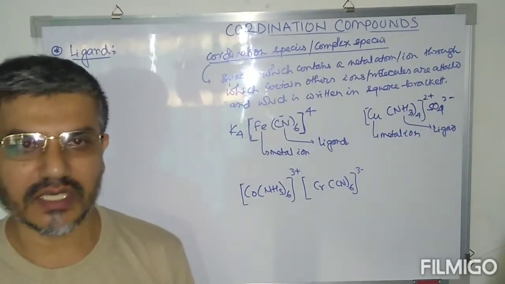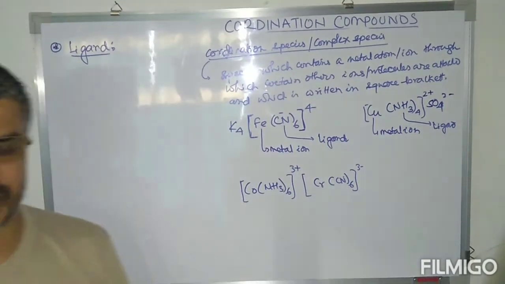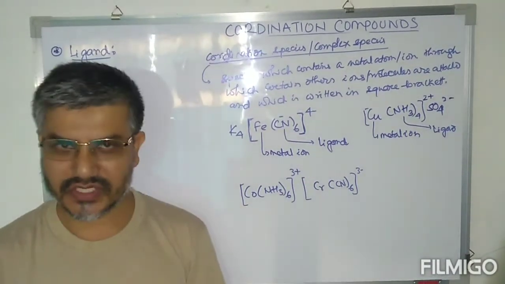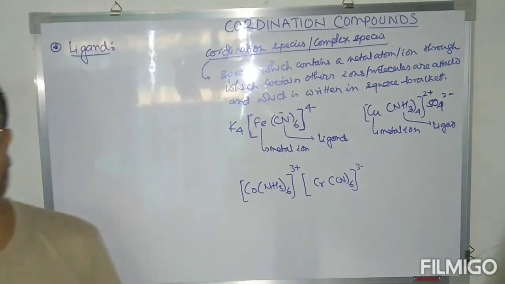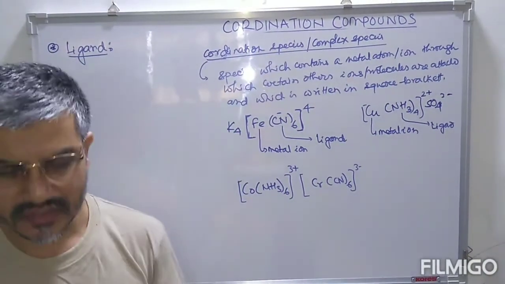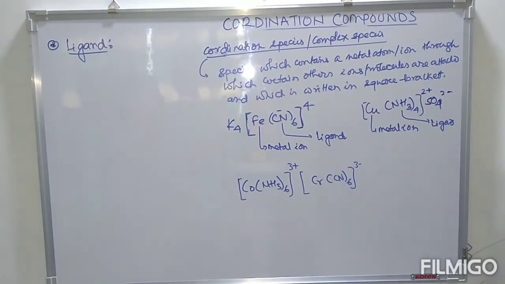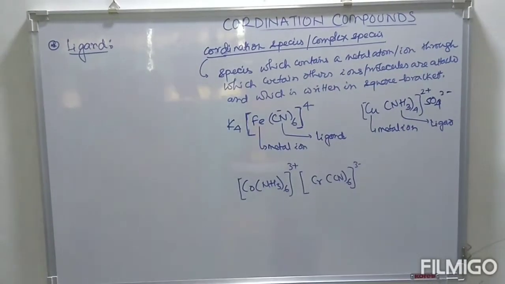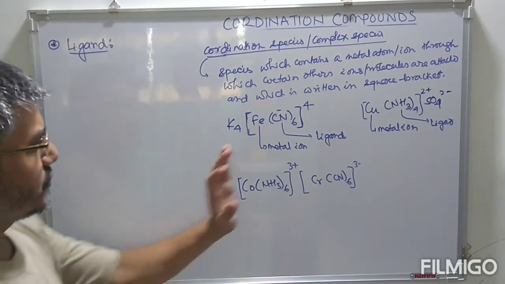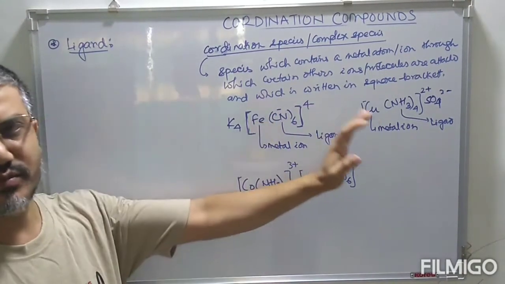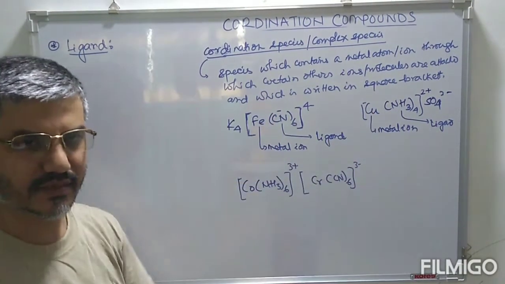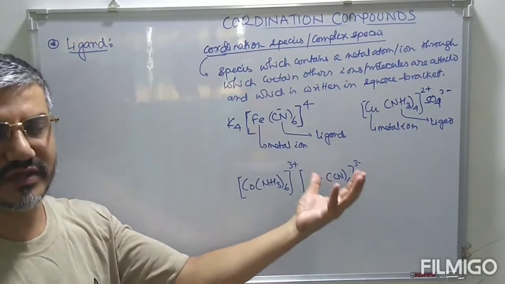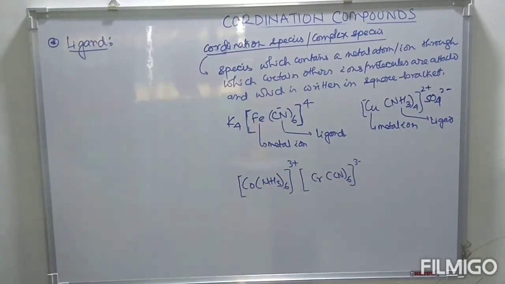So ligands are those species, which may be negatively charged, a neutral molecule, or a positively charged species, attached to the central metal through dative bonds. When we say dative bonds, the ligand is always giving a pair of electrons to the central metal atom or ion.